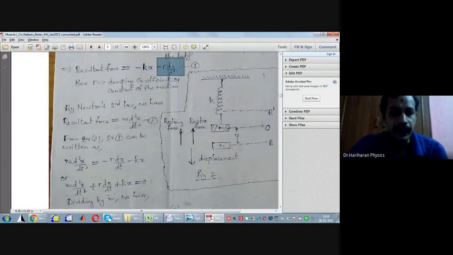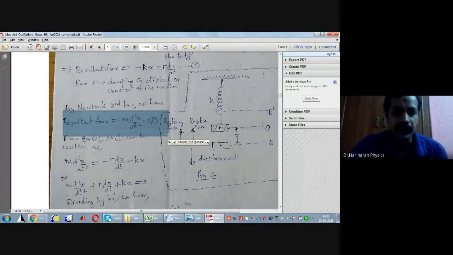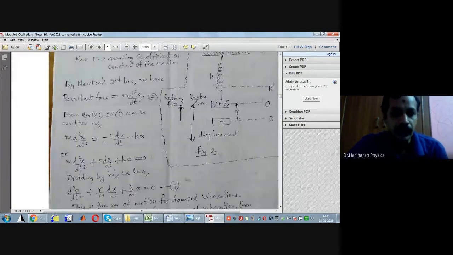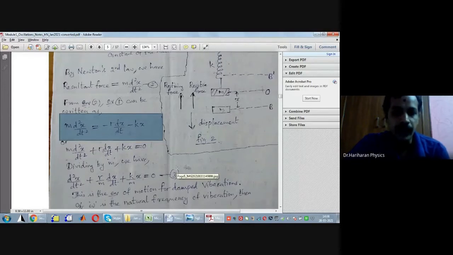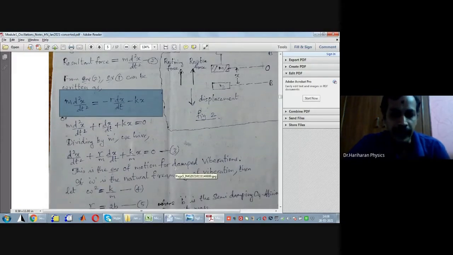Next, we applied Newton's second law of motion, and we got the resultant force as mass into acceleration. When we plugged that into equation 1, we got this equation. If you divide it by mass, force by mass will give you an equation in terms of acceleration.